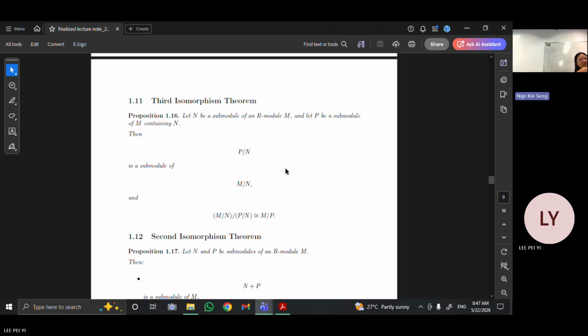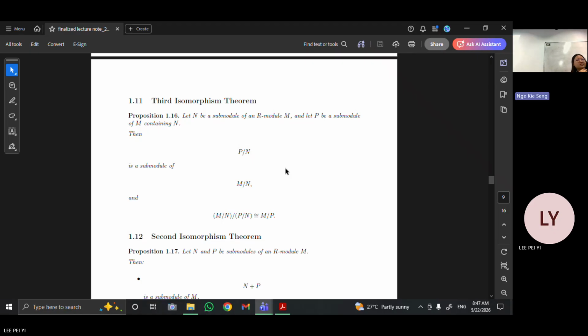So you need to convince yourself why P mod N is a module, and M mod N is a module, and why P mod N is a submodule of M mod N. And then prove that this quotient is isomorphic to M mod P. So to show isomorphism, what do you need? Forgot already. Okay.